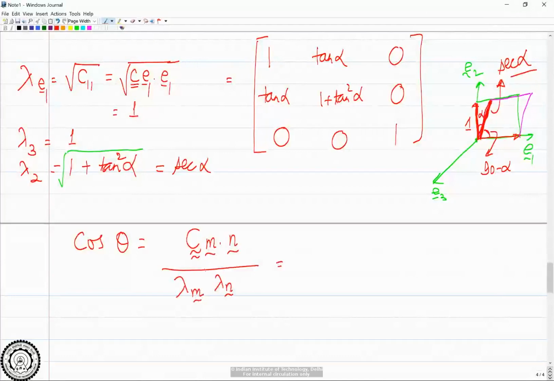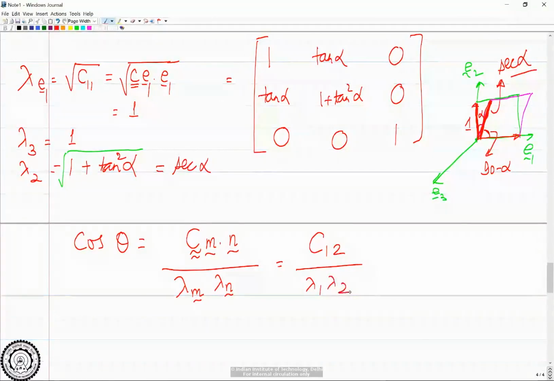So now take m equal to E1 and n equal to E2. Okay, and so above you get C12 divided by lambda 1 into lambda 2.